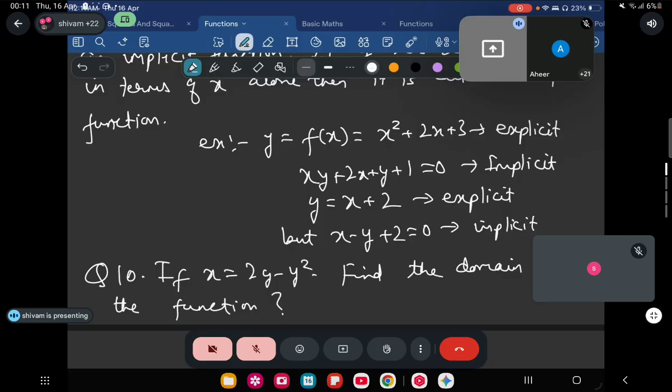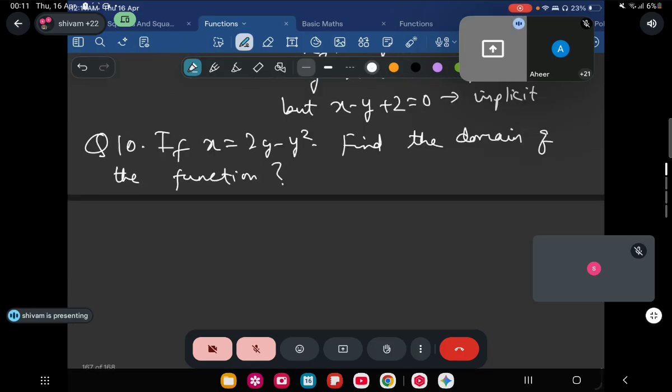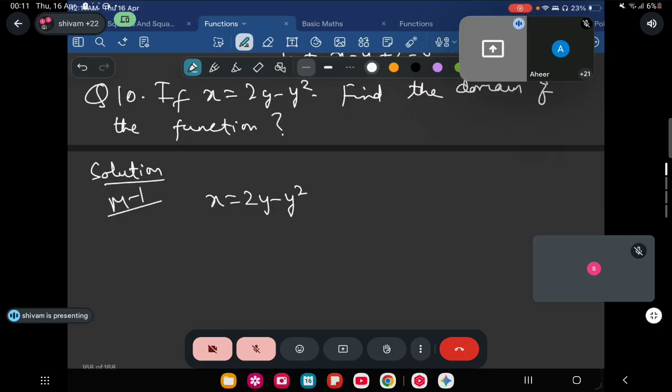x equal to 2y minus y square. There are two ways to solve, everyone. Method one, pay attention. We can make perfect squares on the right hand side. We can write it as minus x equal to y square minus 2y.